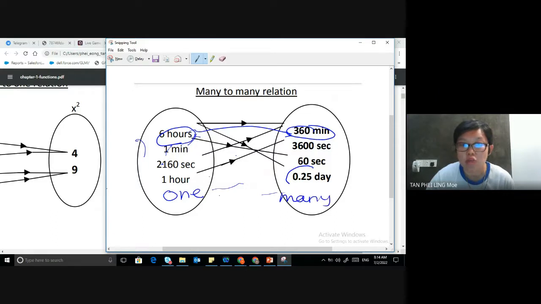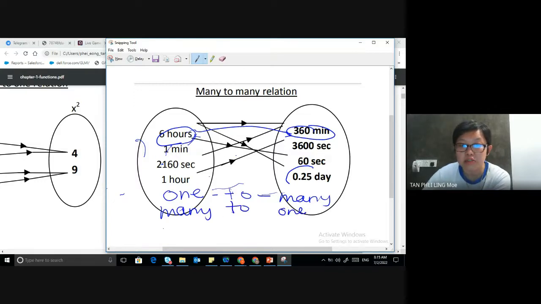So you say that this is one-to-many. Whereas at the same time, you can see many-to-one happening here, such as another one, 1 minute to 60 seconds, and then 21600 seconds to 360 minutes. Usually many-to-many happens because you have one-to-many, and at the same time you have many-to-one in the same diagram.